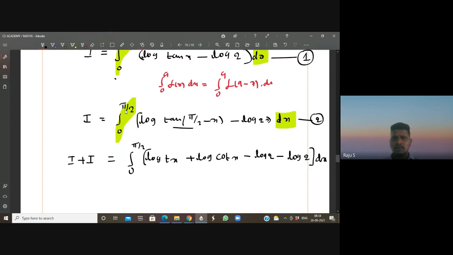I'm taking the common values, integral and dx, and the remaining values I'm adding. See, this is in the form of log. Left side it is 2I, right side 0 to pi by 2. I want to apply log a plus log b. Log of cot x into tan x minus 2 log 2 into dx.